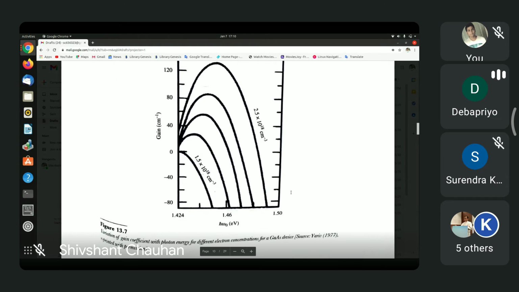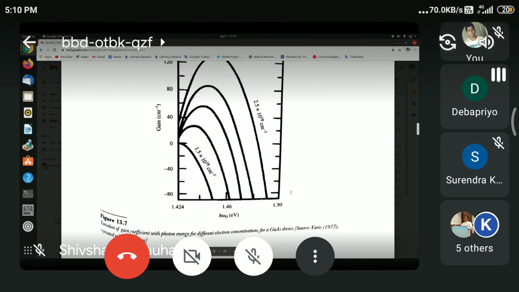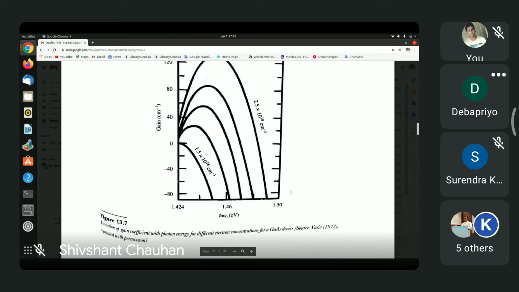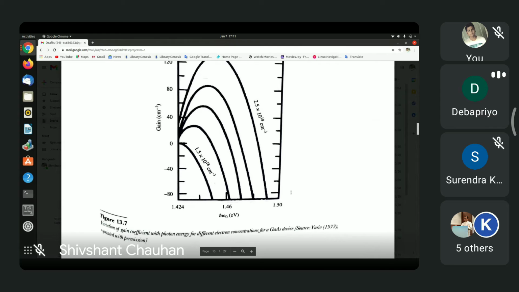So they plot gain against h nu. I think while taking the photograph, I have somehow missed the lower portion. But what is written here? Variation of gain coefficient. Here, h cut omega 0, that is h nu. So that is it.